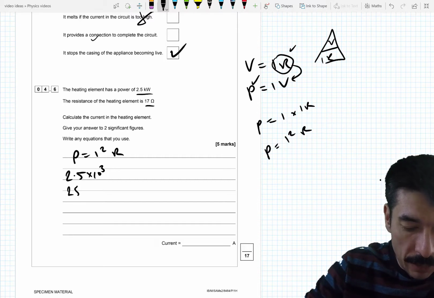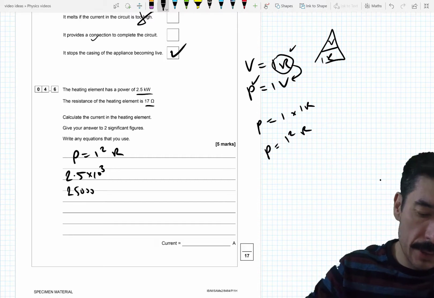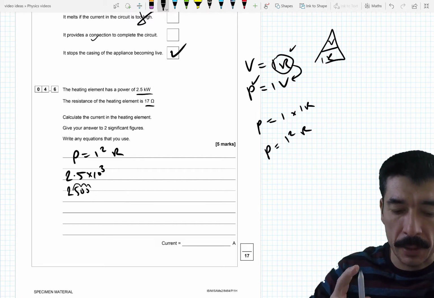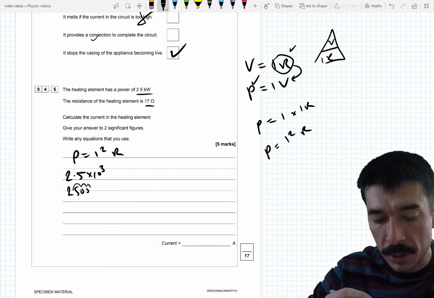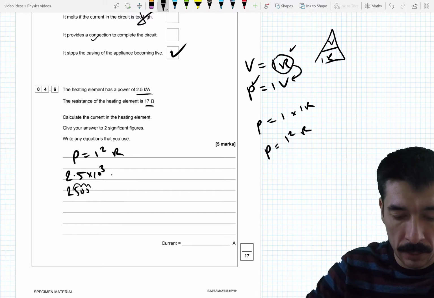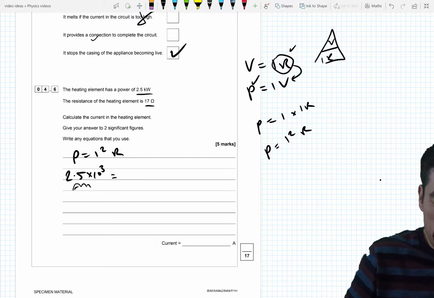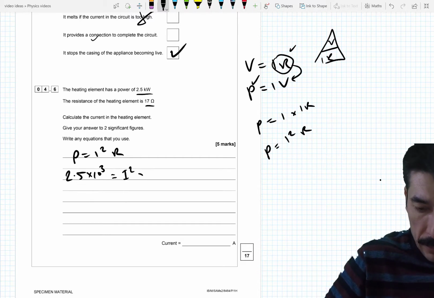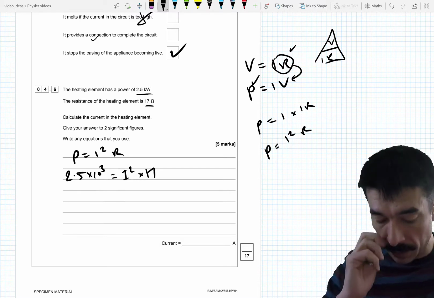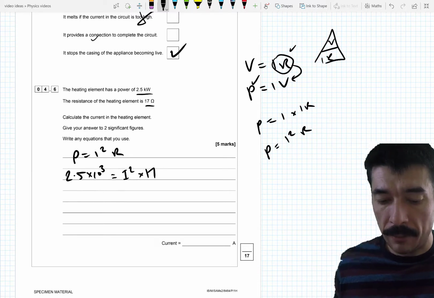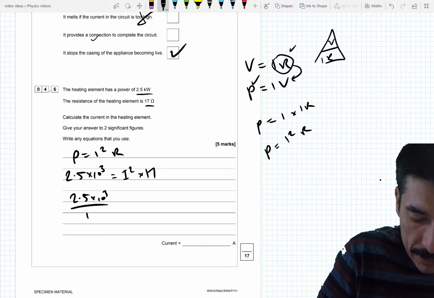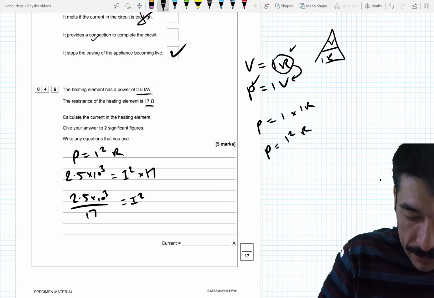Move the decimal place over 3 times because it's kilo. Once, twice, 3 times. Okay? So it's 2500 watts. Will be equal to I squared, I is what I'm looking for, times the resistance, 17 ohms. Rearranging from there, 2.5 times 10 to the 3 divided by 17 will equal I squared.